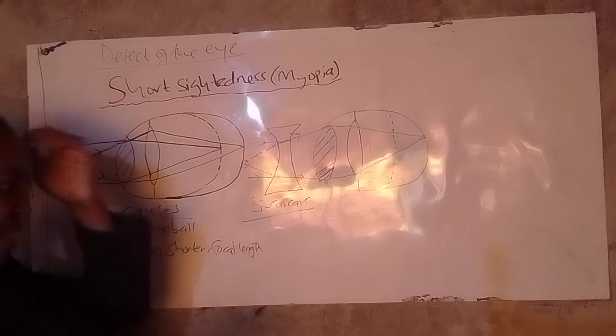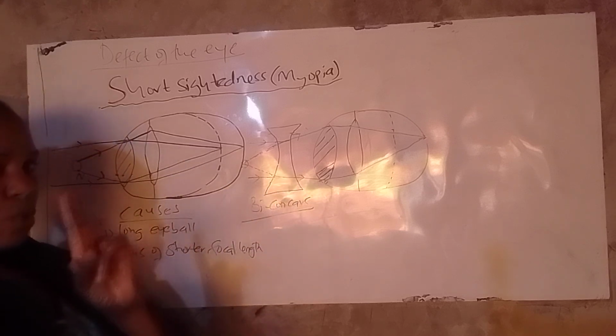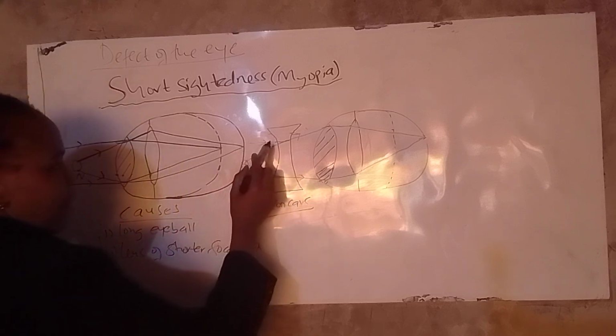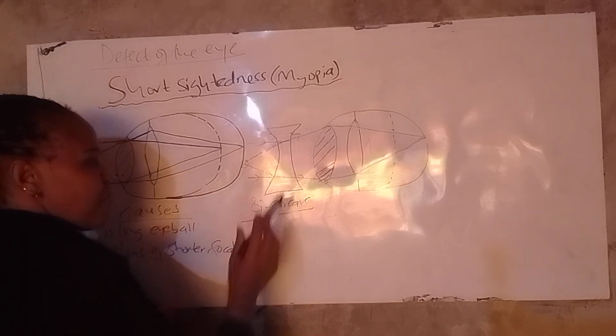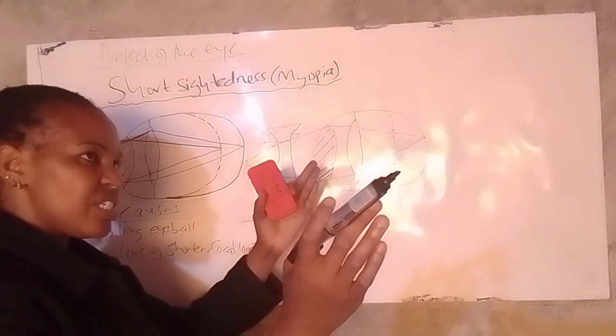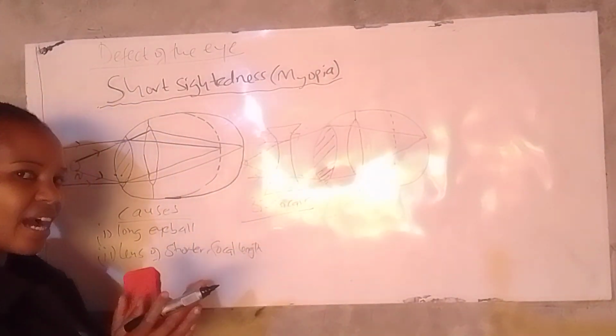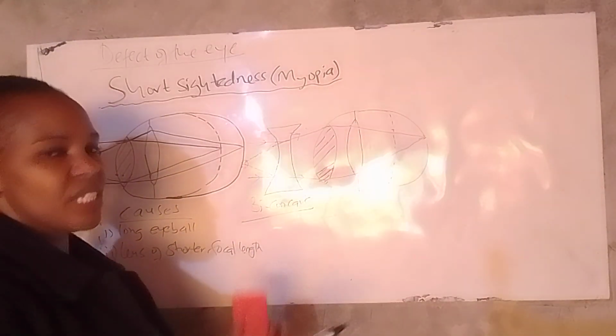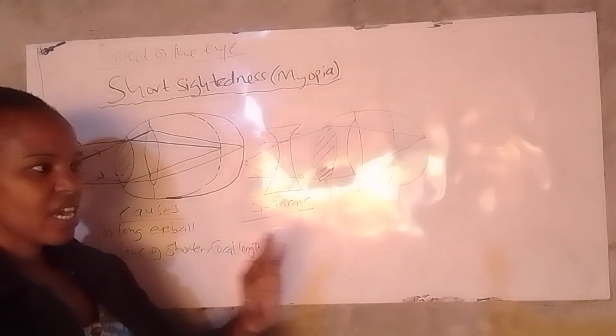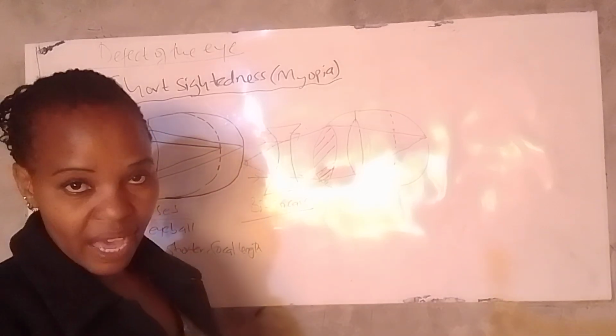Now, when you compare this diagram and this diagram, what are the similarities? After using the diverging lens, the rays now have been diverged in such a way that they look like they are coming from where the original near object is. So this is the actual object, which is closer to the eye.